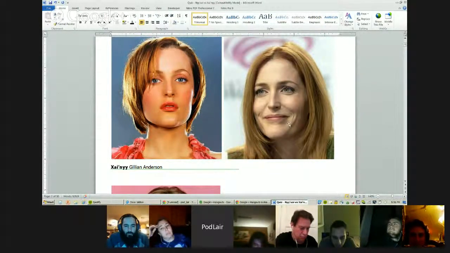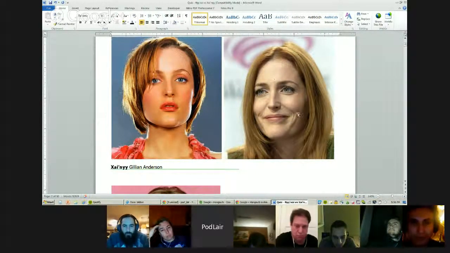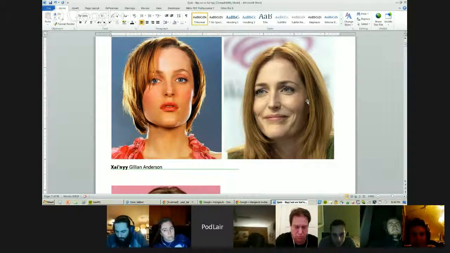You can see when she emotes, there are fine flexations on the right hand side picture for Gillian Anderson that go up into her eye area. And so the whole face up to the top has this unifield, this uniform look, which is why we call it the unifield face.